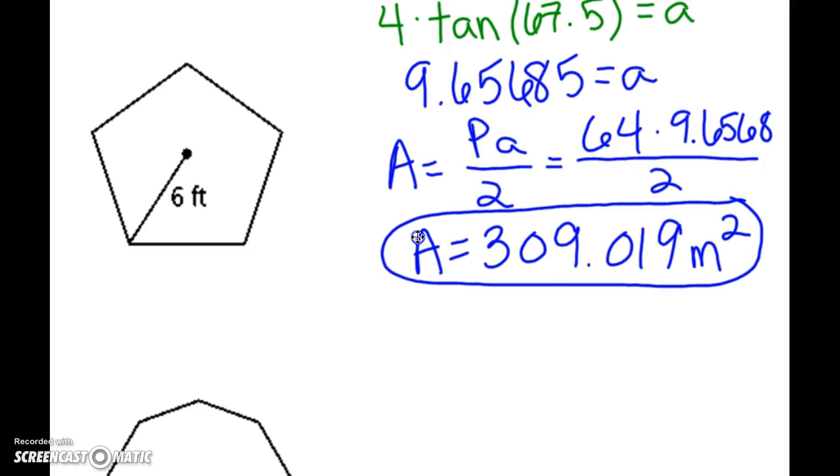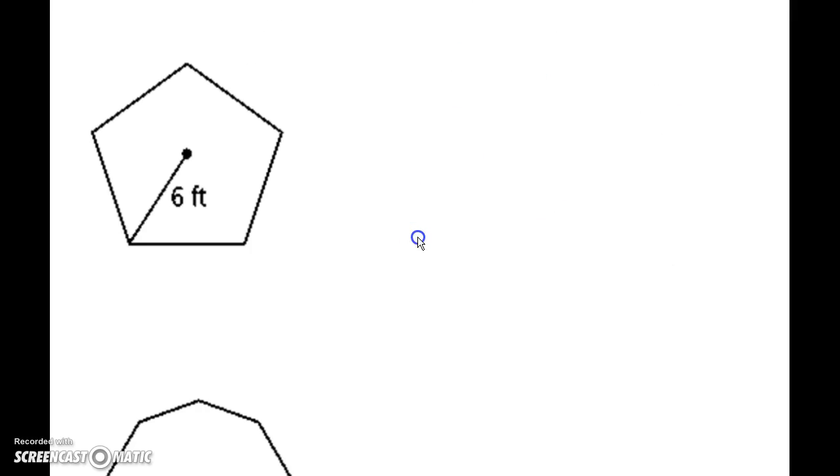All right, I am now going to do this problem right here, the pentagon. I'm going to have to erase this work, but feel free to pause the video and catch up. So my pentagon has 5 sides. They give me the radius. I don't have a side length or an apothem, so I'm going to have to deal with this right triangle business anyway. To do that, I need the angle measure of that corner.